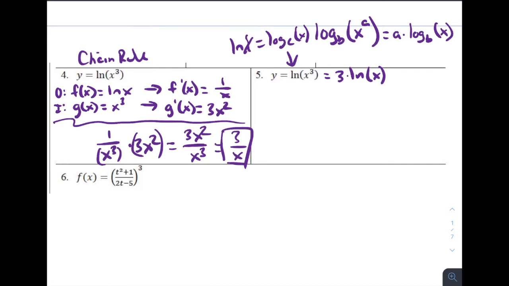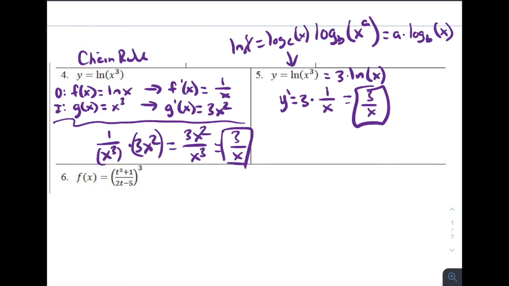And then if I take the derivative, y prime is going to be 3 times the derivative of the natural log of x, which is 1 over x, aka 3 over x. So if I remember my properties from Algebra 2 and pre-calculus, we don't even need to use the chain rule for this. We get the same answer, but using that shortcut and knowing our properties of logarithms allows us to make this a much faster and shorter problem.